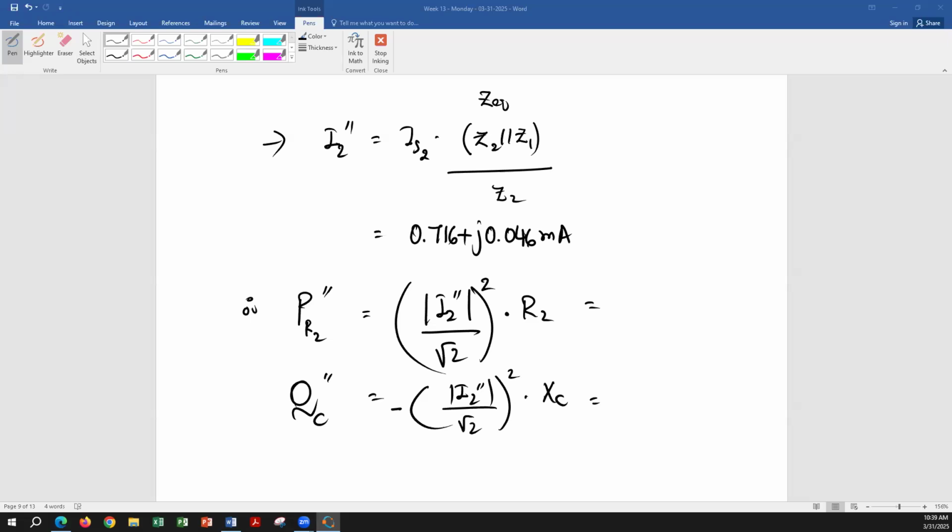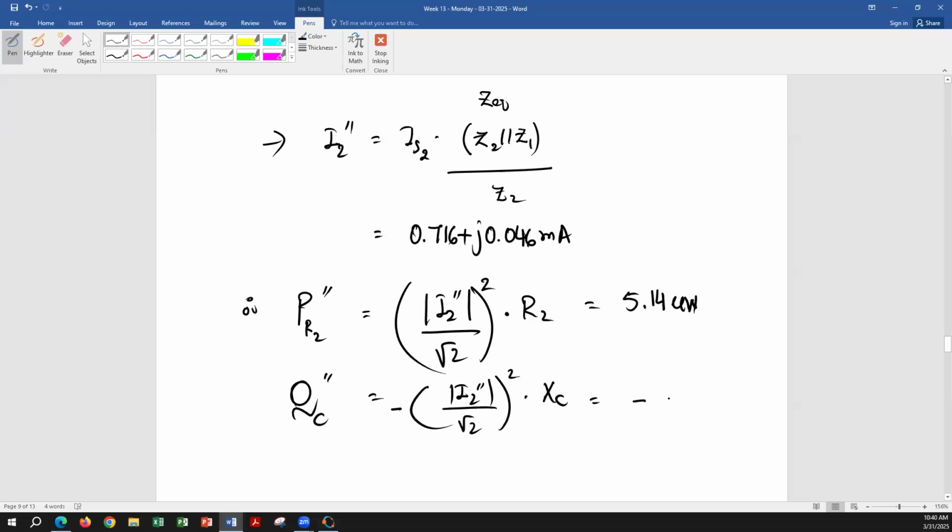So this is double prime. That's 5.14 microwatt. And QC double prime is the absolute value of I2 double prime squared times this, 1.28 microvolt ampere reactive.